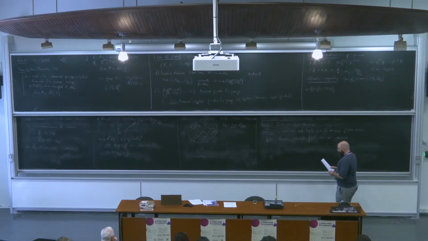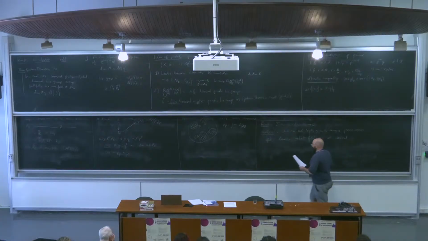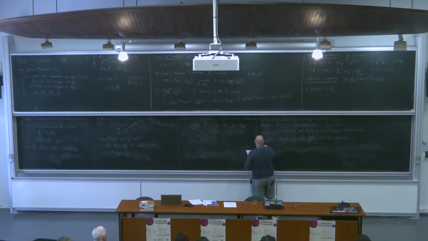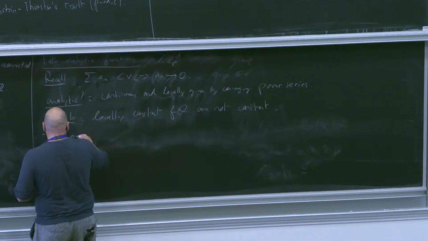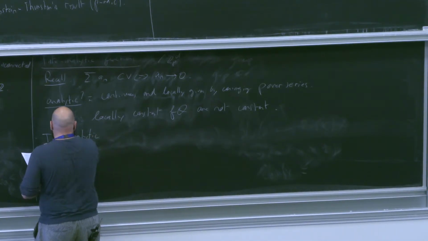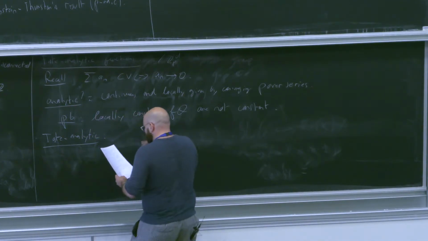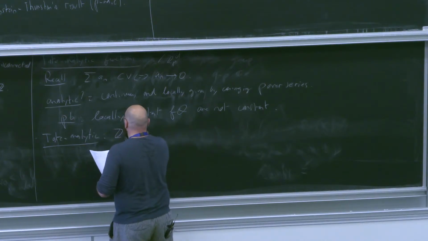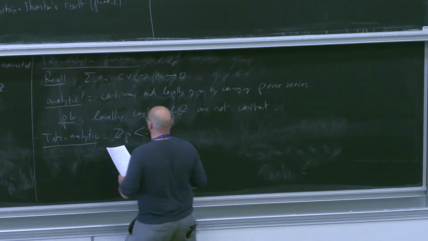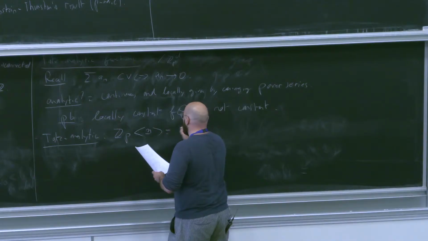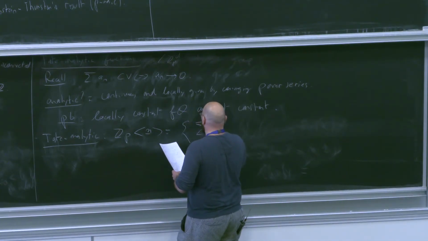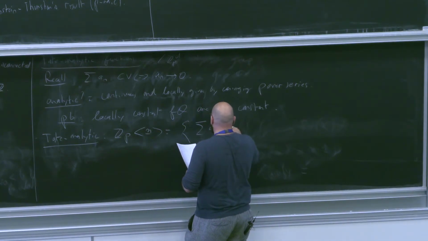So this is why we introduced Tate analytic maps. I recall the space Z_p of X bar. This is the set of power series.